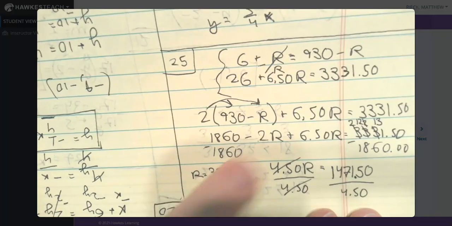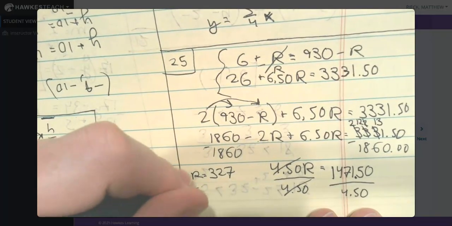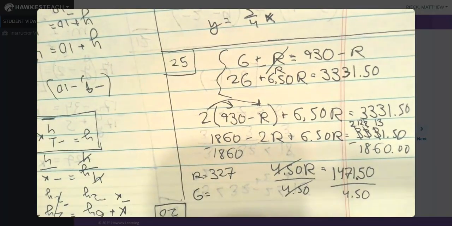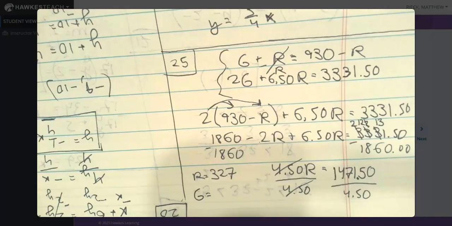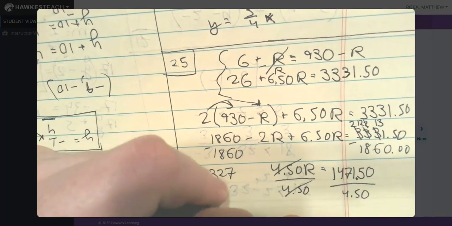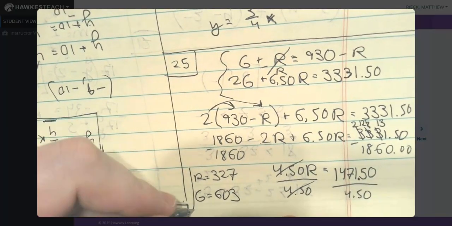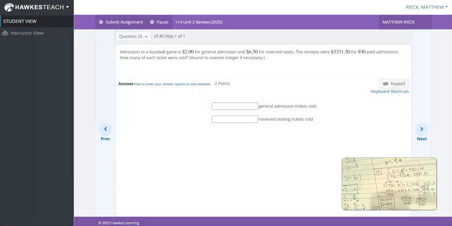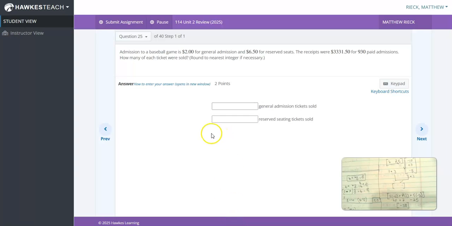And once we know what R is, we can figure out how many general admission tickets there were by taking 930 minus R. So 930 minus 327 is going to be 603. So we have 603 general and 327 reserved.